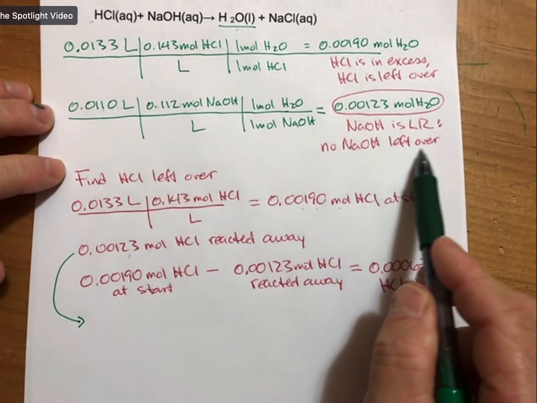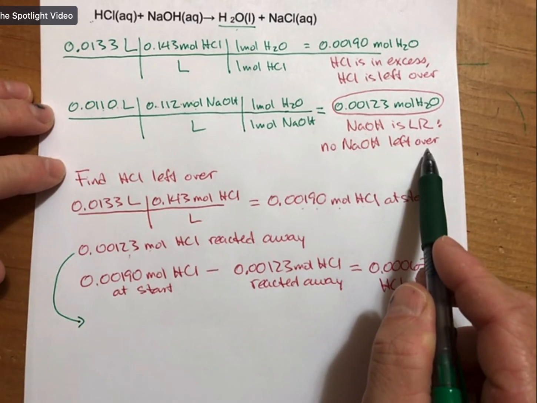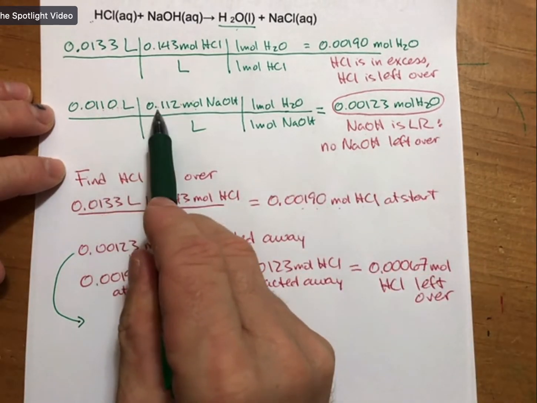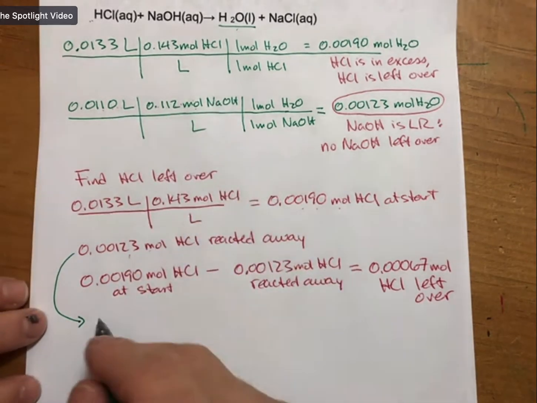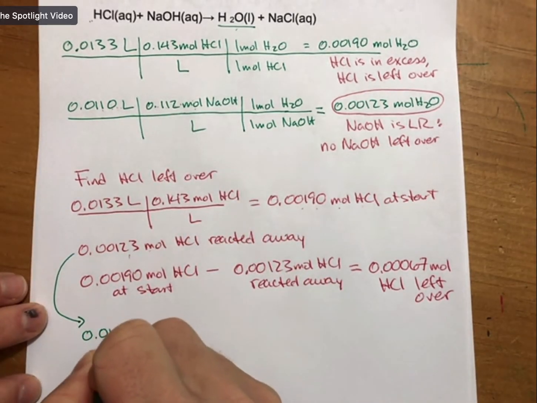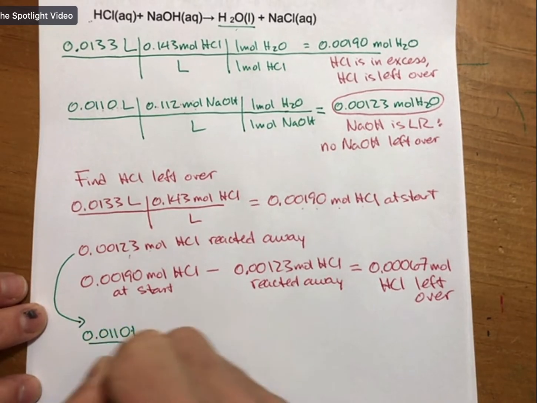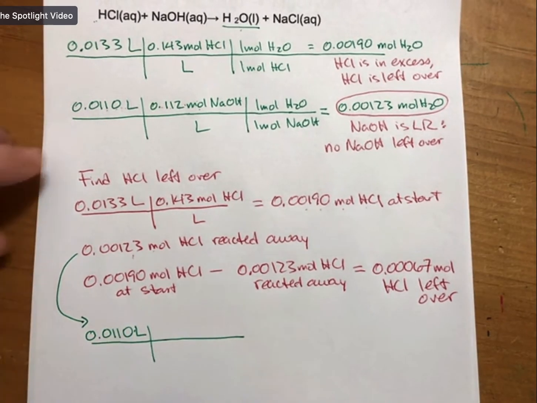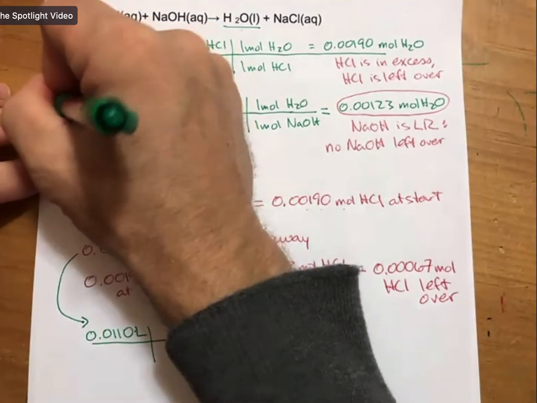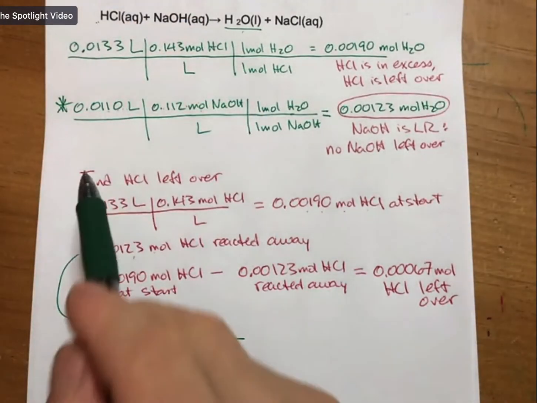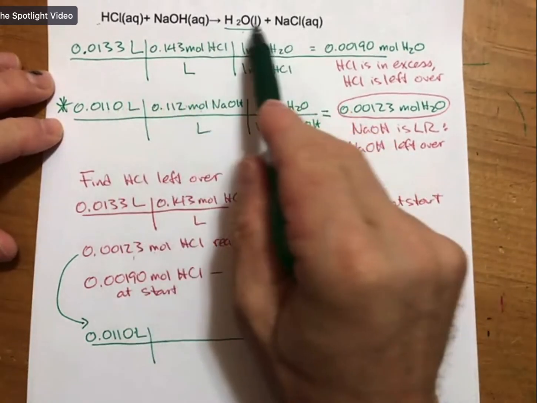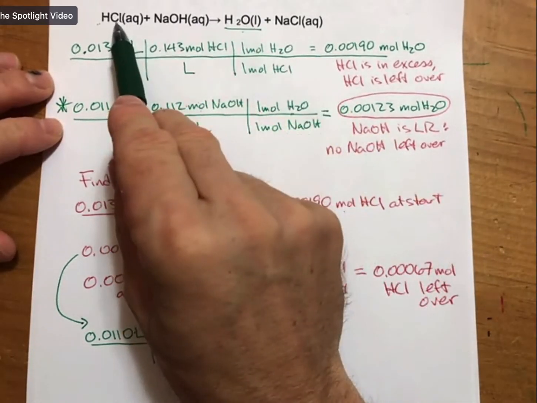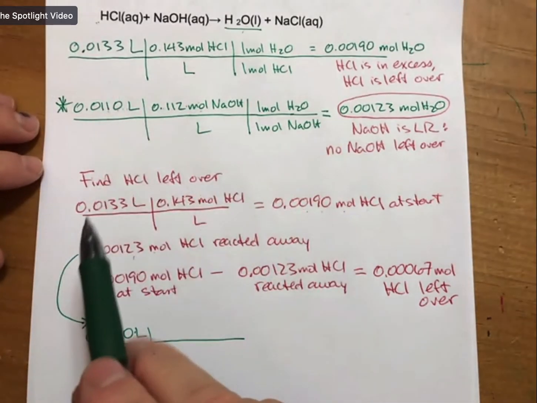There's no sodium hydroxide left over. So let's calculate my moles of sodium hydroxide. If you come back to your limiting reactant, you can always figure out everything else that was either produced or reacted away.